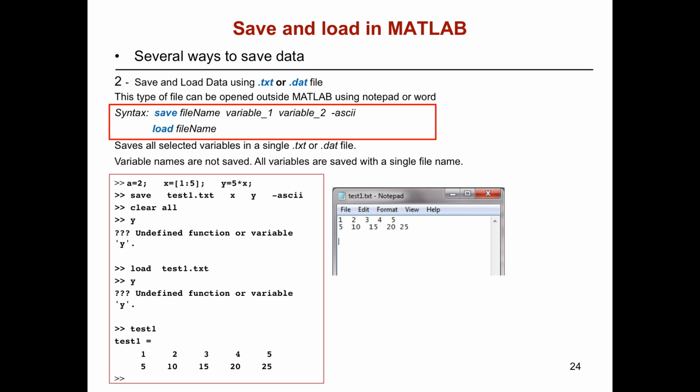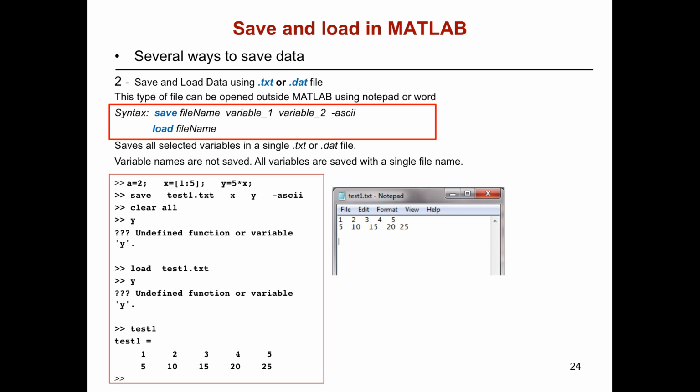So if you actually want to save a text file, you have to add this dash ASCII. ASCII is the American Standard Code for Information Interchange. Somebody could do a search and find what ASCII stands for, but it's this code that translates things to text. So I have to tell it to save this as a text file.